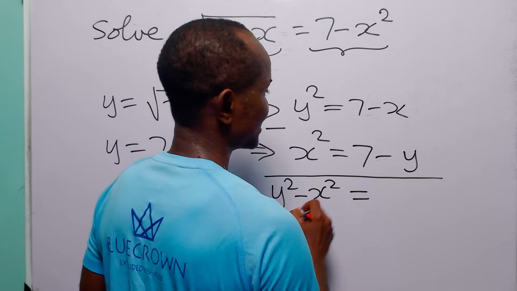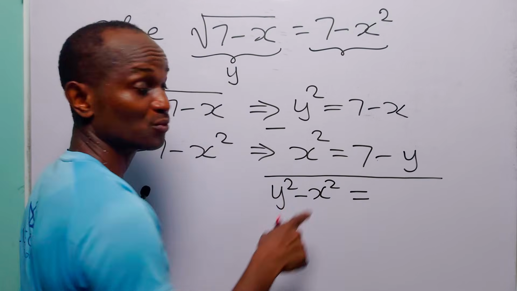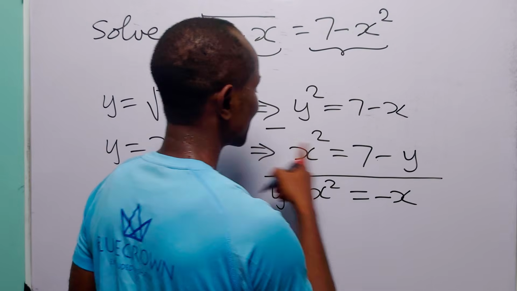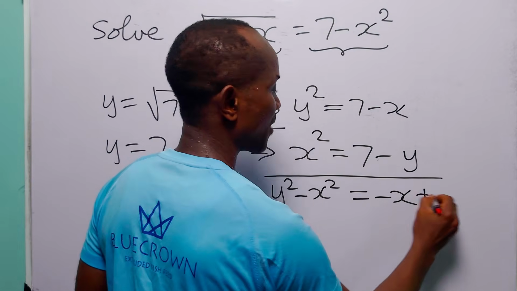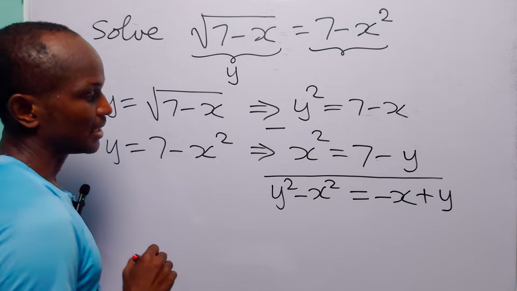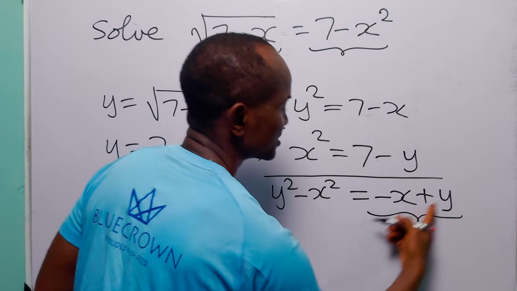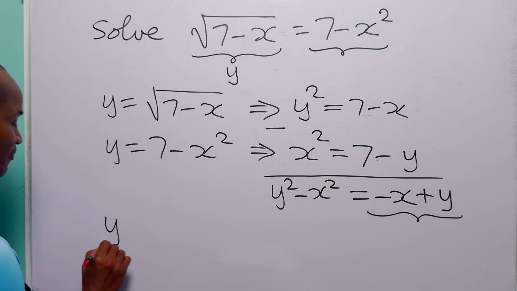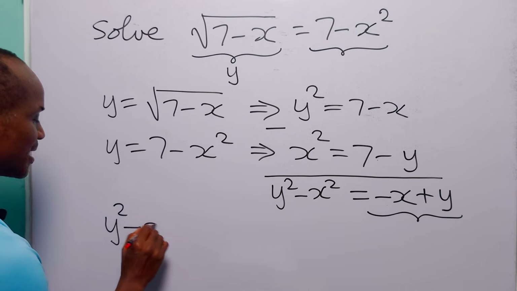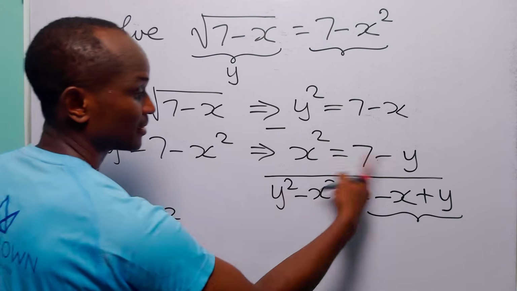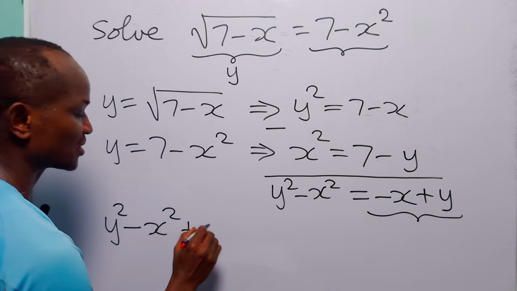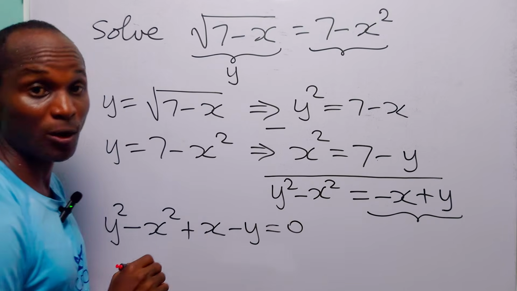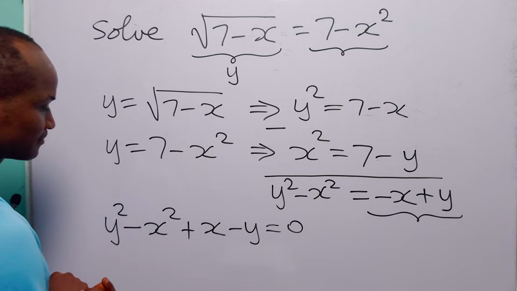And on the right-hand side, we have 7 minus 7, which is 0, then minus x minus y. Now, when we move these two terms over to the left-hand side, we have y squared minus x squared plus x minus y is equal to 0.